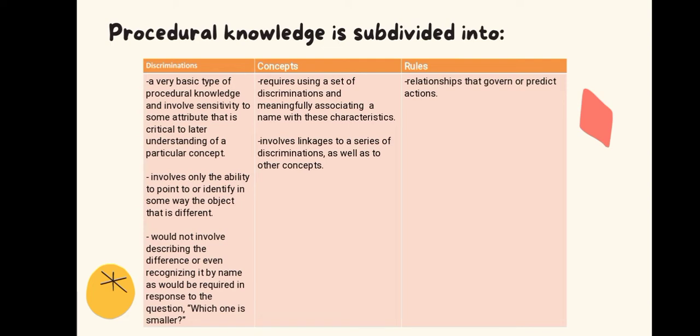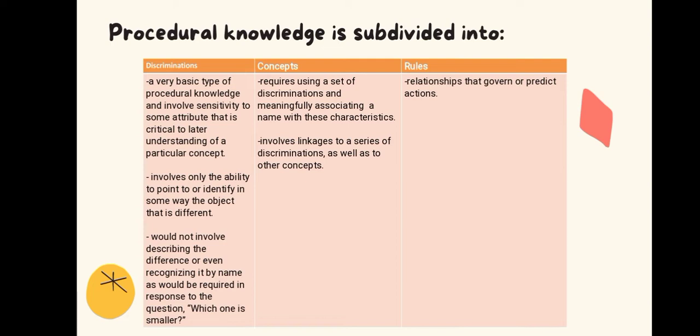So the concept of small involves discriminations associated with the concept of typical because, for instance, a particular car and a particular ant must both be understood as small relative to other cars and other ants, even though a small car is very large compared to a small ant.